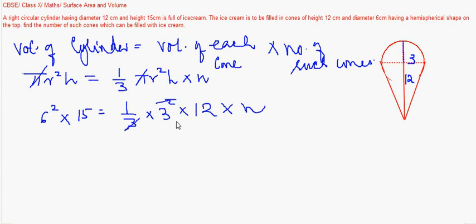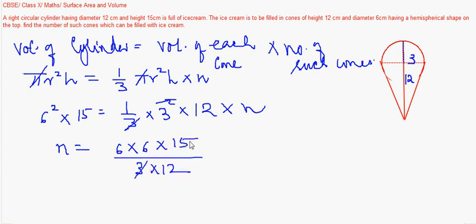This cancels, so n becomes 6 into 6 into 15 by 3 into 12. So 15 number of cones we would need. I just need to check one calculation. This is right or not. It is 36 pi. Pi must have got cancelled.